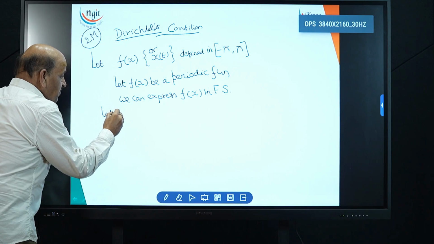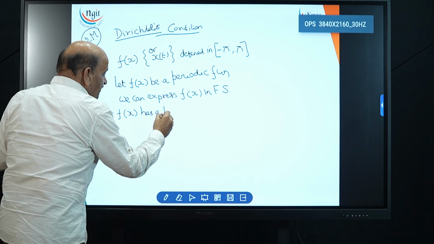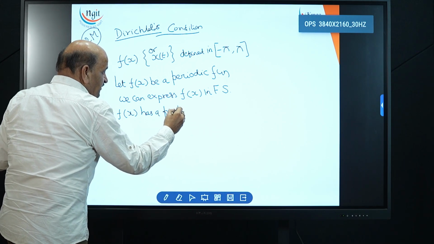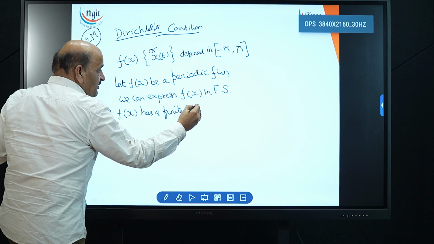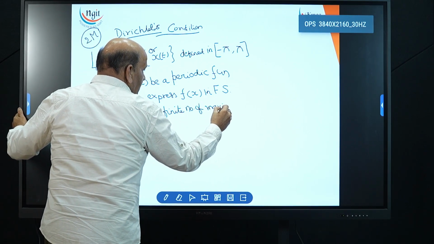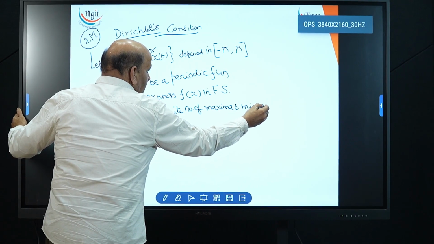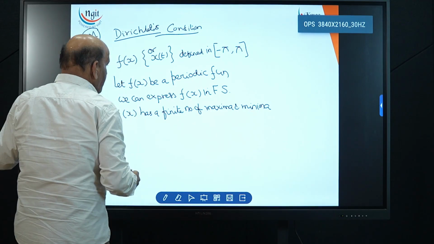Let f of x have a finite number of maxima and minima in the given period.